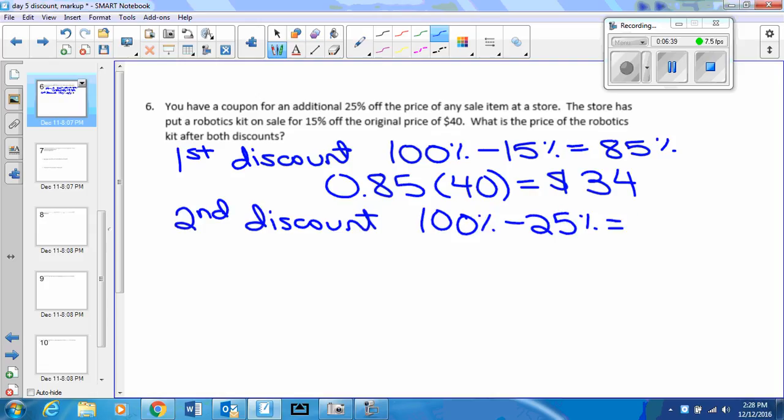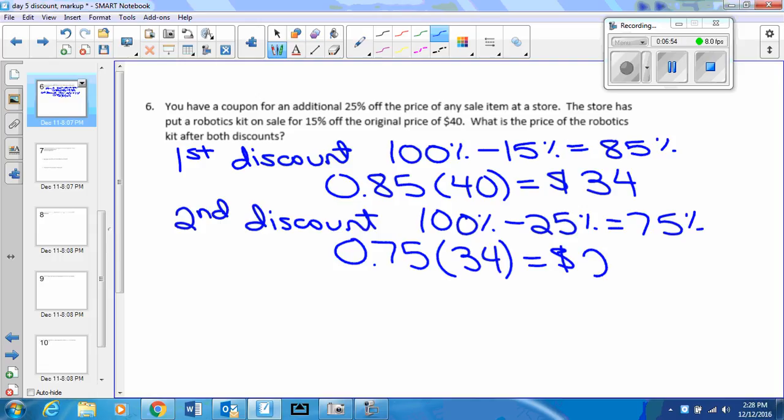So I have to pay 75% of the reduced price. So now I change that to a decimal, multiply that by the reduced price, and multiplying it out with the second discount applied, I would end up paying $25.50.